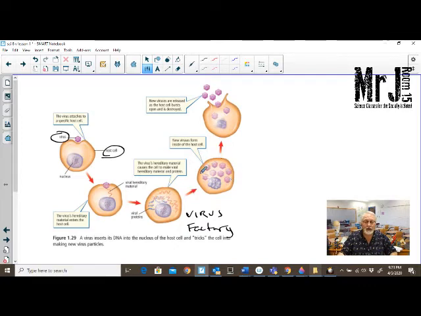And as we progress, it produces the covering over top of the material there. And here, this is showing the cell erupting. And this cell is dying. That's terrible. Let me try that again. It's exploding. It's just going to die.